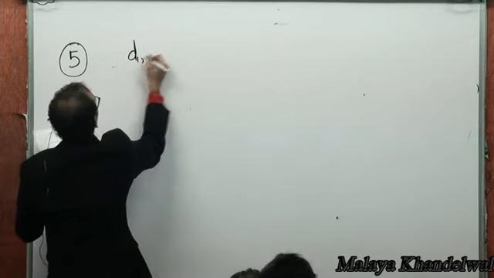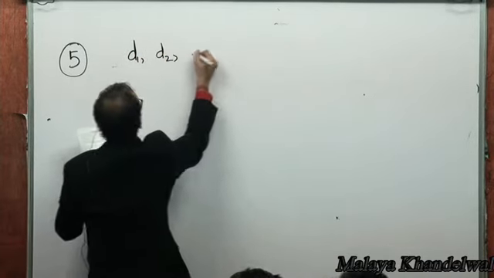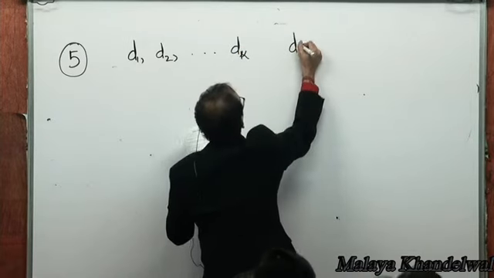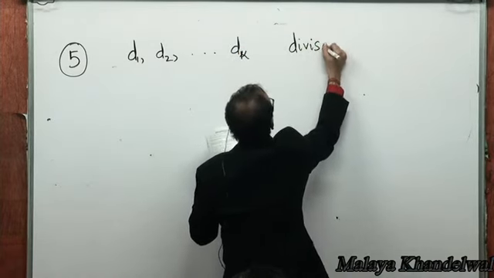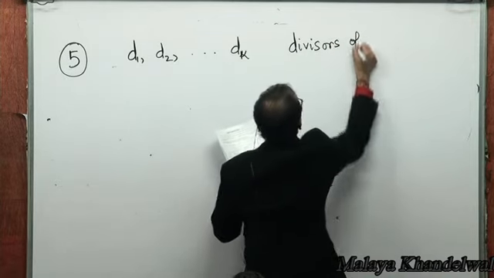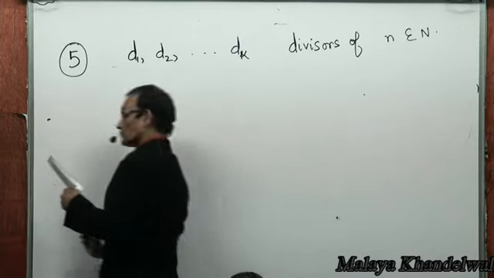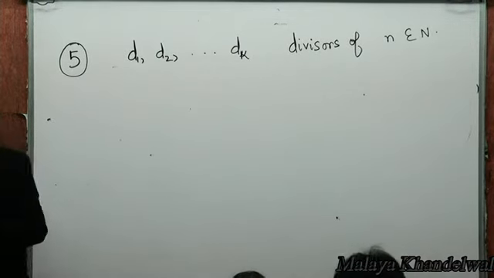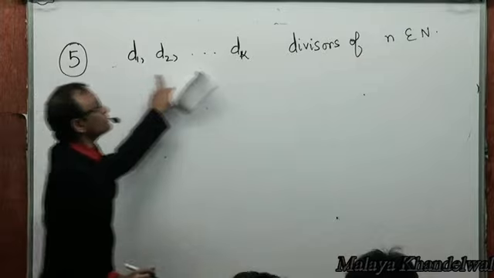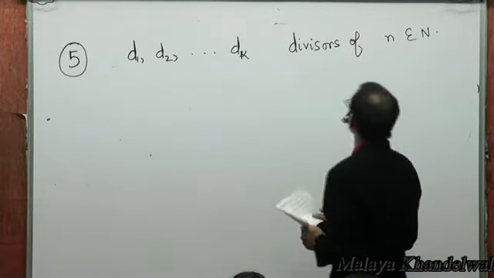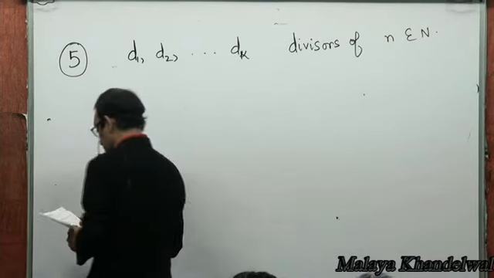So D1, D2, DK are what? Are divisors of a positive integer n, including 1 and n. These are the comprehensive set of divisors of a natural number n greater than 1. This includes 1 and n, the number.